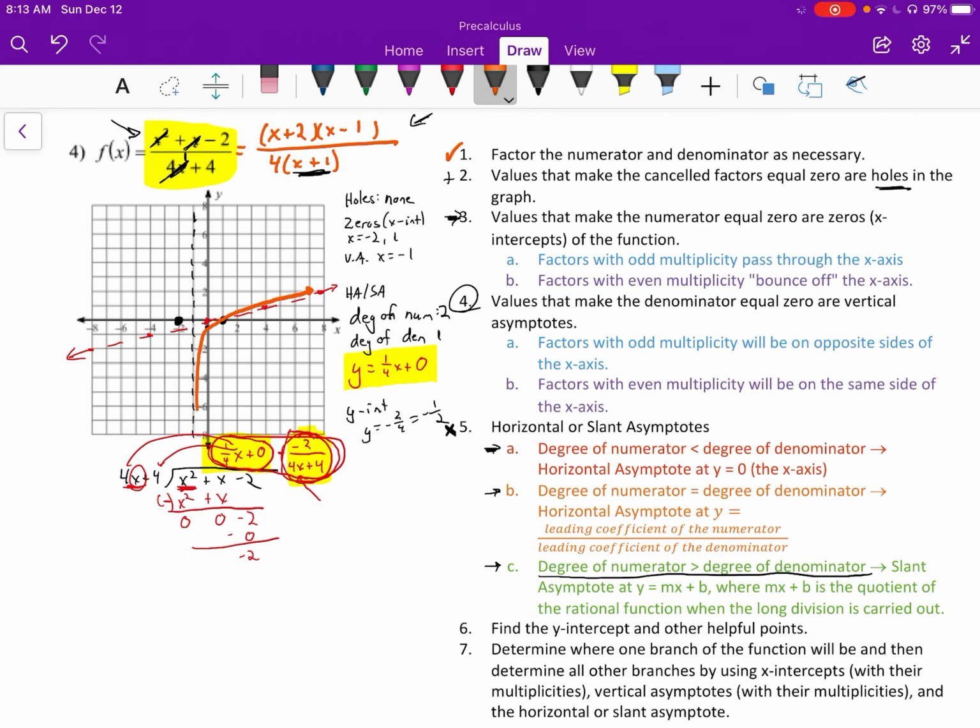And then on the other side, we can think about two different things. We know this asymptote here had multiplicity 1, which means the graph goes in opposite directions on the left and right side of the asymptote. So in this case, on the right side, it's going down, so the left side has to go up. And so it has to come down and go through that. And then it gets closer and closer to our line here.